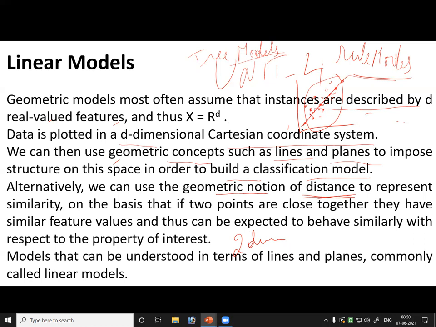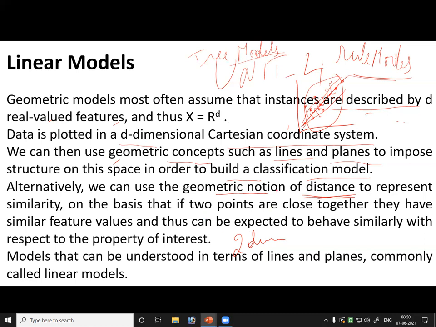So then we take the distance, and we average the distance and find out which line is called the best line. Any lines can be drawn: this is one line, this is another line, this is another line. So any number of lines can be drawn.